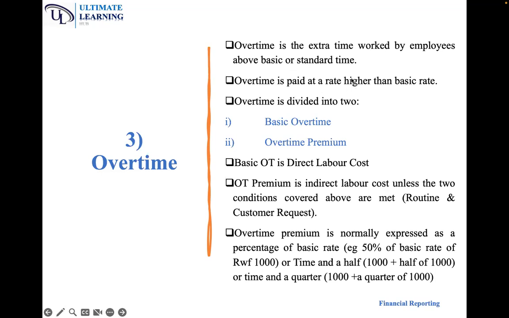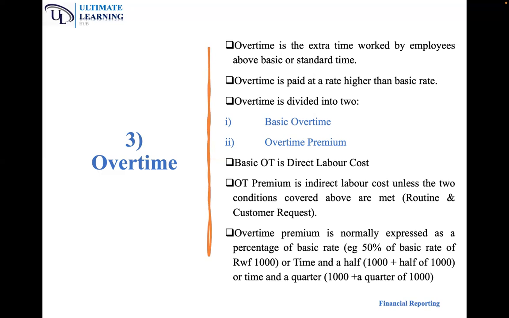Take note of this. Overtime is paid at a rate higher than the basic rate. You recall the example I gave: if the basic rate of pay is 1,000, the overtime rate may be 1,500.